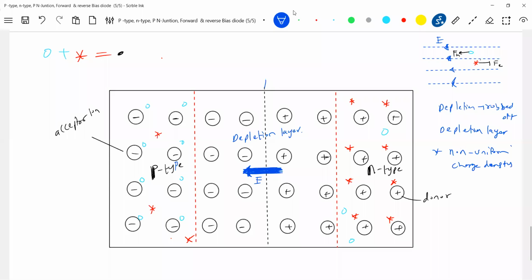On the n type, positive charge layer is built up. Here also let me write, this is n type. On p type, negative charge layer is built up. Okay, fine. So this is what happens here.